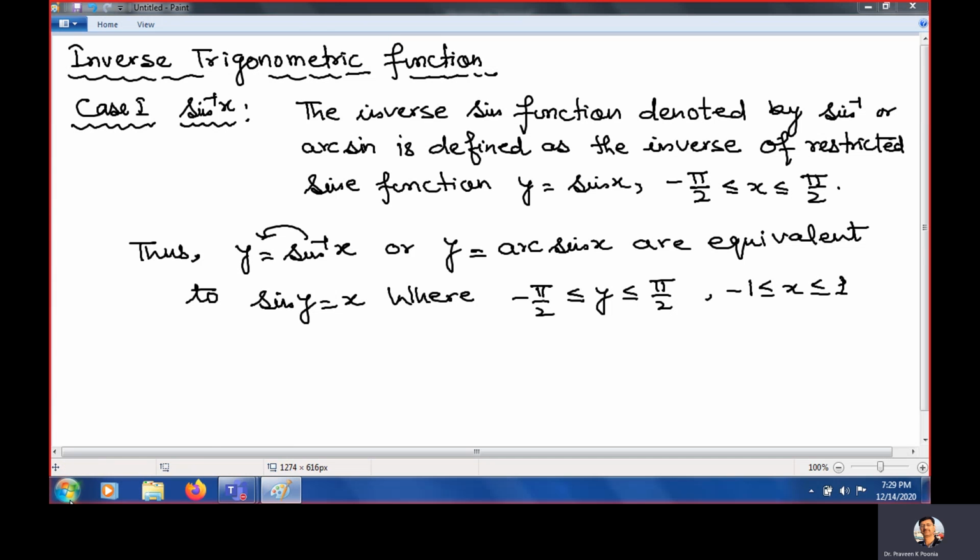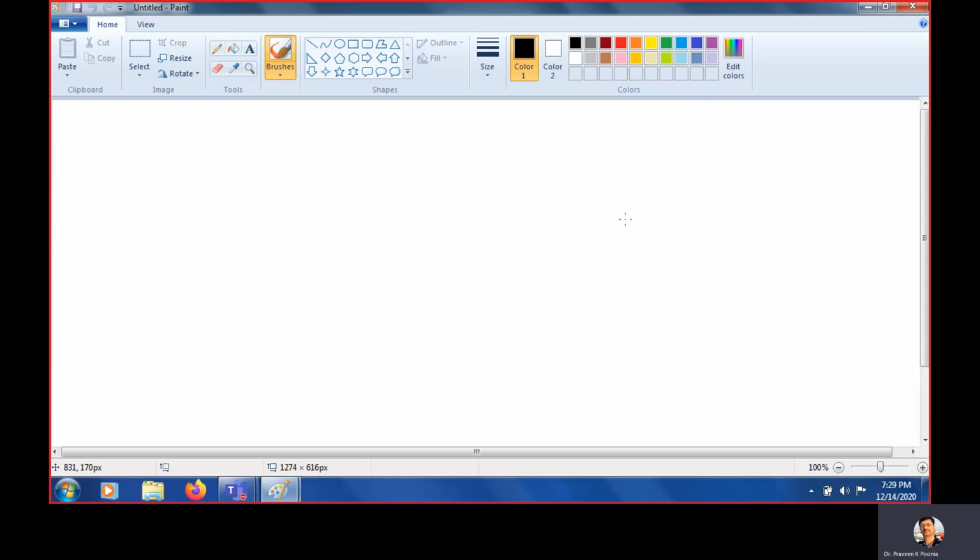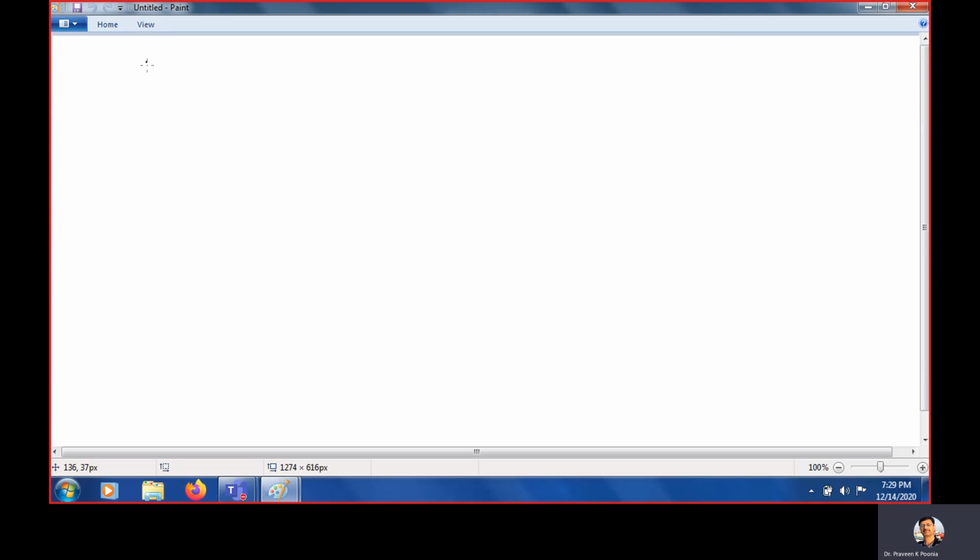So I want to tell you there are two important things about the sine inverse function. If you see y is equal to sine x, what is the domain here? The domain is R and range is minus 1 to 1. It is a closed interval.